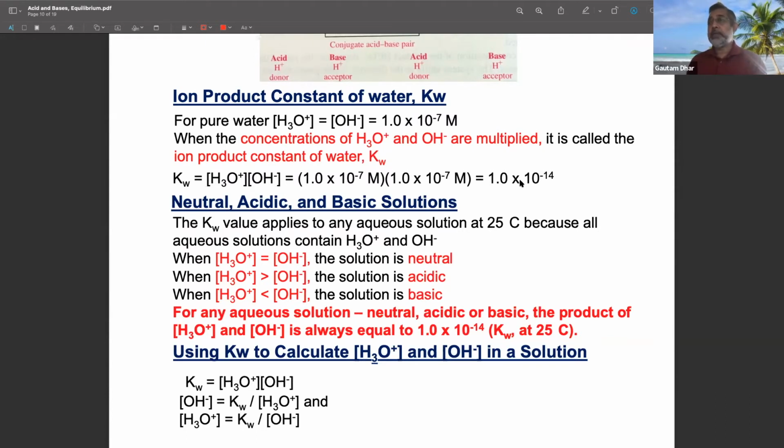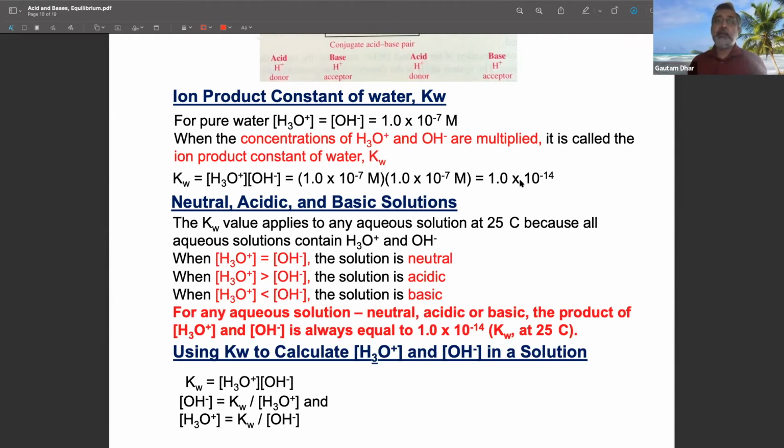Product means multiplication. So H3O plus multiplied by OH minus is always going to be constant, because that comes from another constant, the equilibrium constant. Because this is the equilibrium of water, if you calculate what the equilibrium constant is, it will come up with this value.